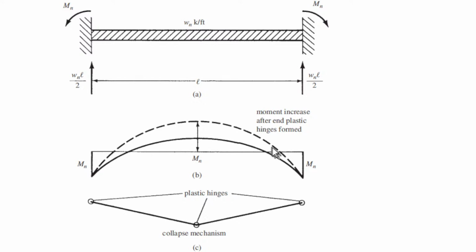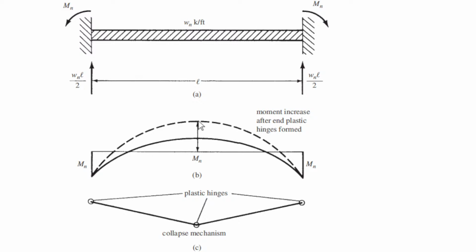So the other parts of the beam will look like this. The distribution is the same shape like this. This is the redistribution of load. So the increase will go up until it reaches another value, which is Mn at the center. At the middle of the beam, it will become Mn.